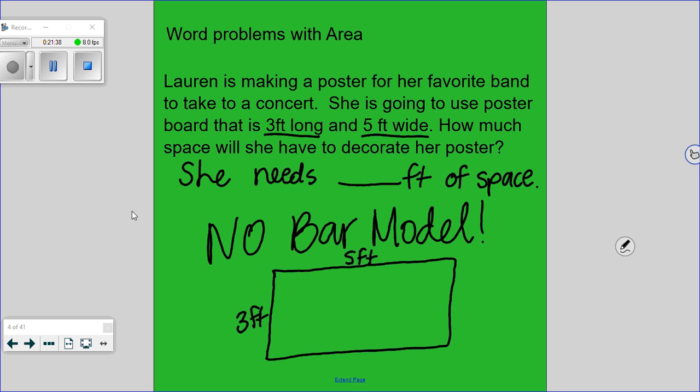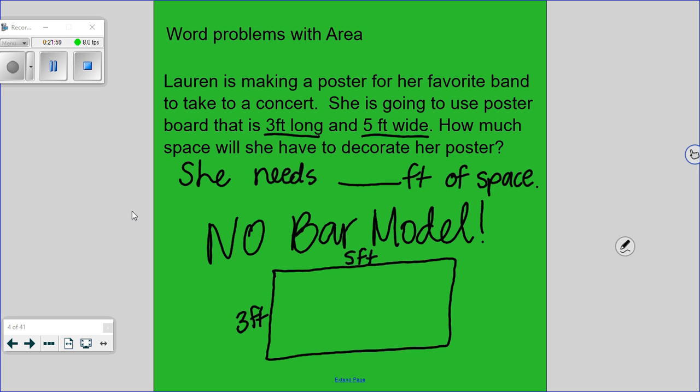So if you were to graph it so it had mini rectangles in there, there'd be rows and columns. And then with the rows and columns, there would be a 3 feet column.